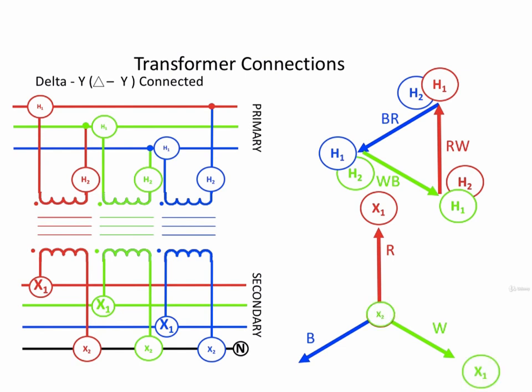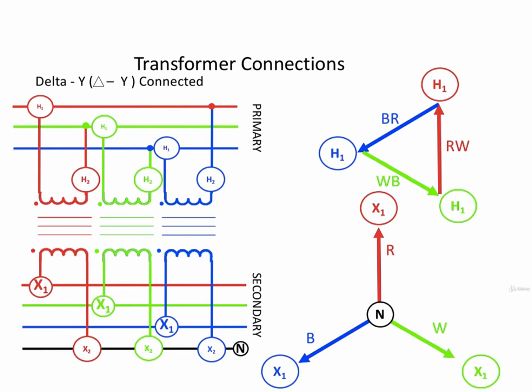The X1 to X2 on the white phase are shown there, with the X2 of the white phase connected to the X2 of the red phase, and the X1 of the blue phase connected to the X2 of the white phase and the red phase, which together, because they are all connected together, the X2 terminals form a neutral on the secondary side.